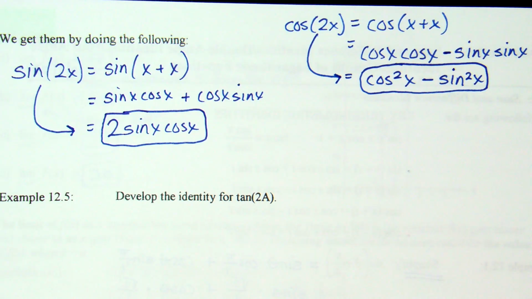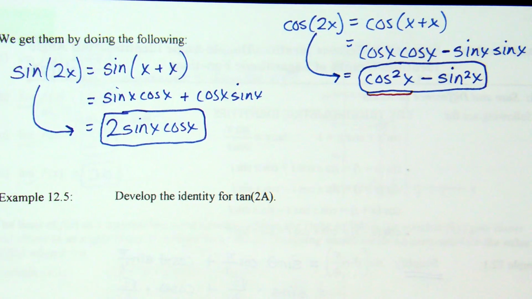So pick one of these. It doesn't really matter which. So if I pick cosine squared x right now, what is cosine squared x equivalent to using our Pythagorean identity? That is equivalent to 1 minus sine squared x, true?